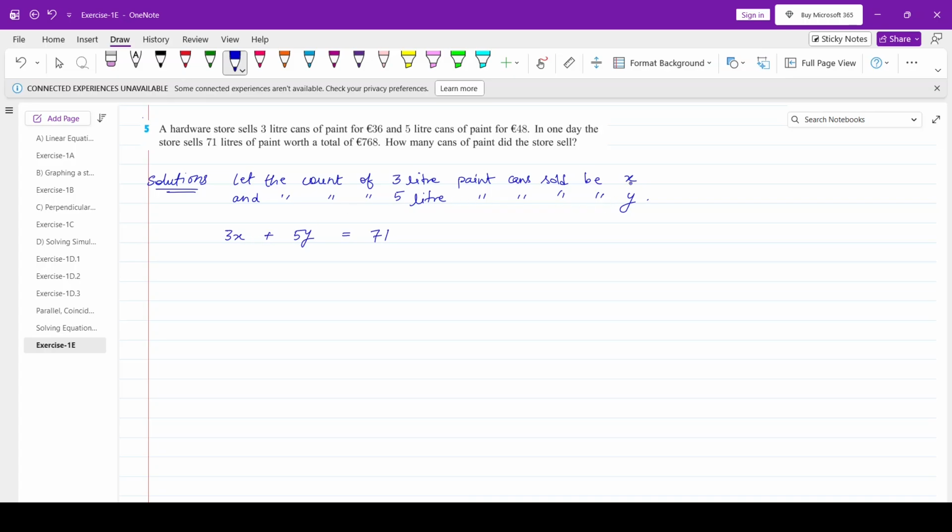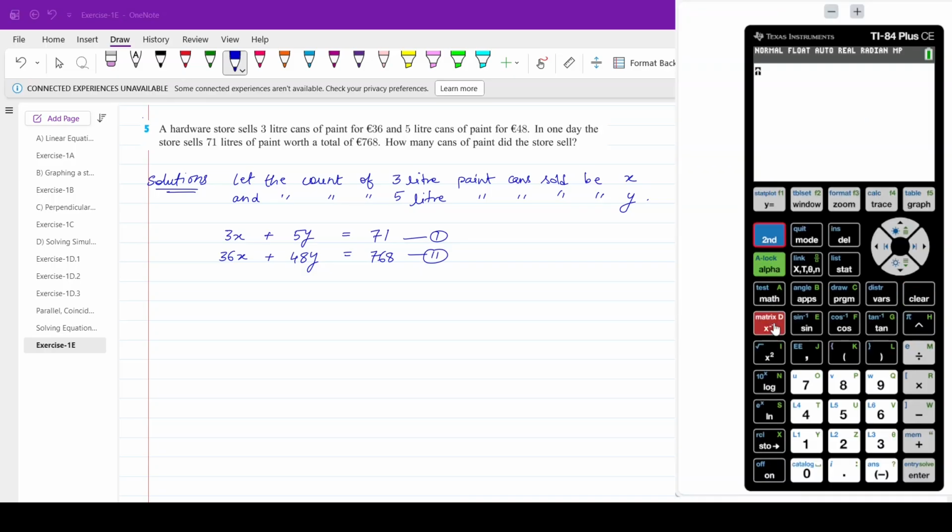So that will be 36 into x. And the cost of a 5-liter can is 48 euros. That will be 48y. And the amount adds up to 768 euros. Now, this is our equation 1, this is our equation 2.